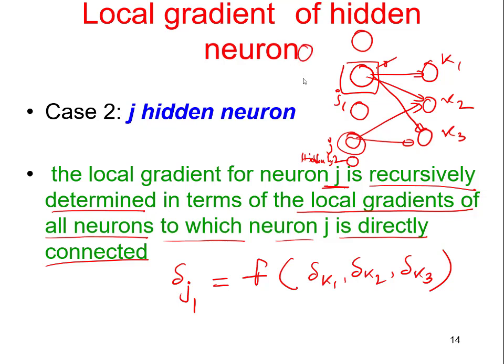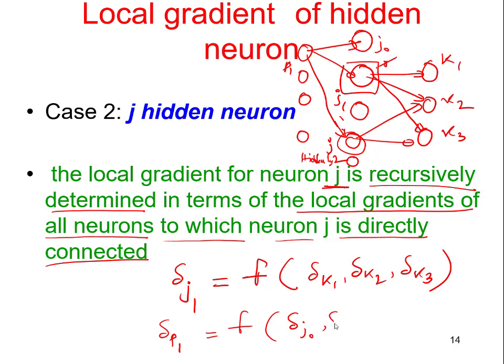If there is another layer with P1, and P1 is connected with J0, J1, J2, then delta of P1 will be a function F2 of delta of J0, delta of J1 and delta of J2. We are just naming the functions, so there will be no dispute.